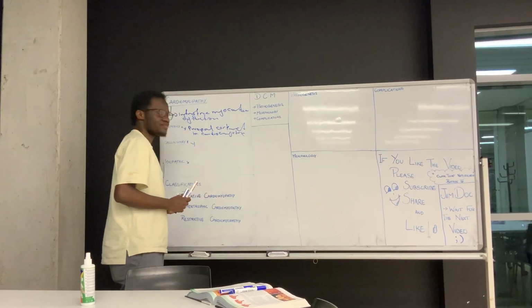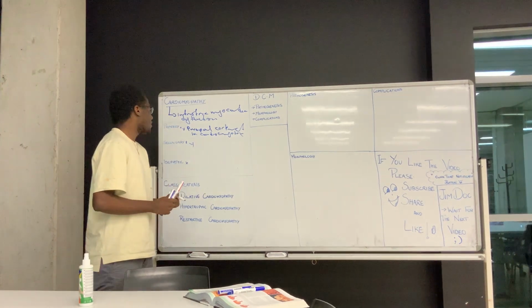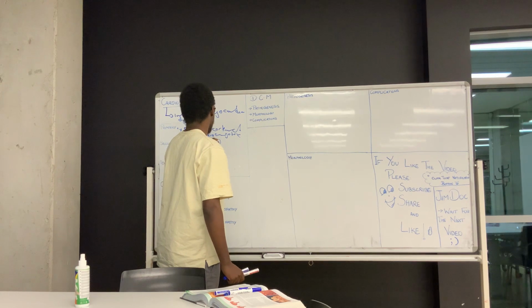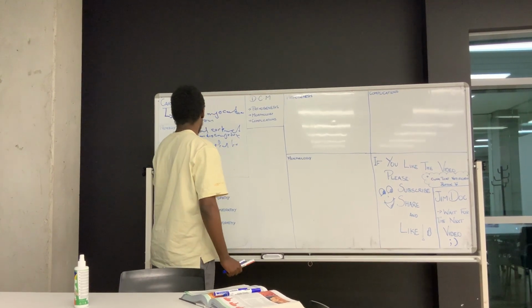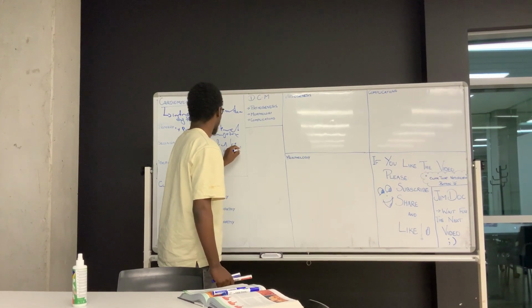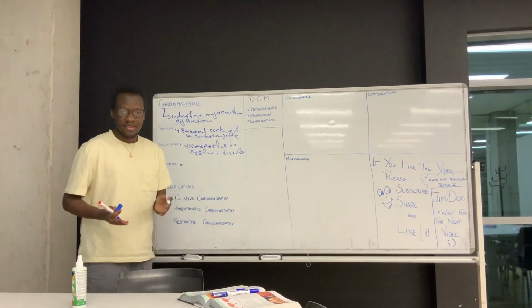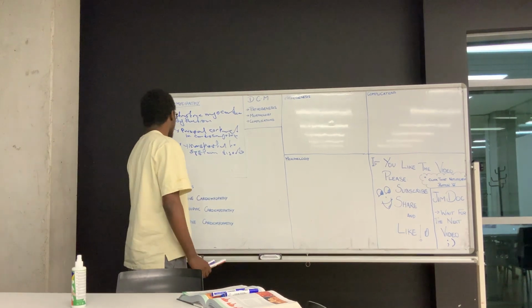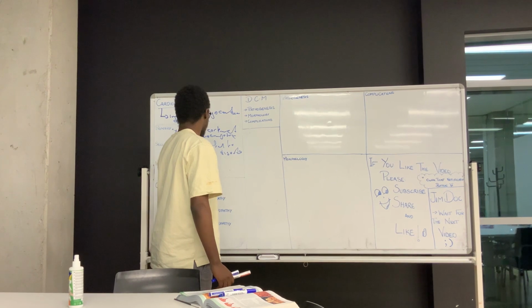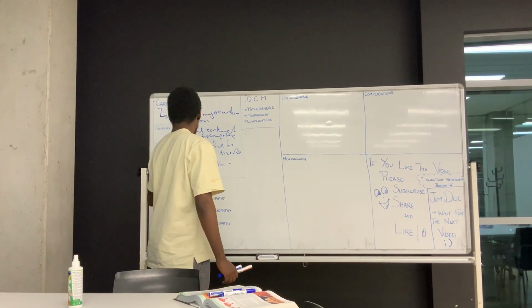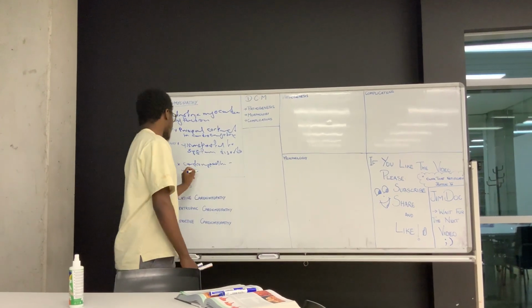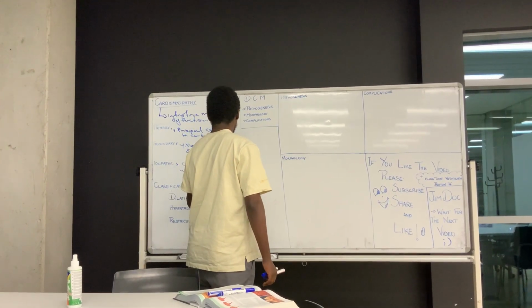And secondary, these are manifestations of systemic disorders. And idiopathic, these are cardiomyopathies whose cause is not known.